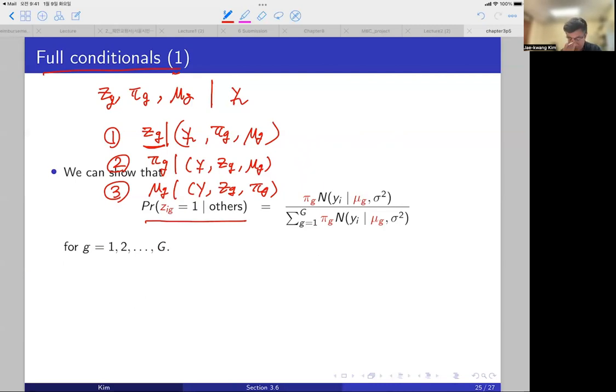So then this is basically proportional to the marginal distribution times the conditional of the data given z equal to 1. Oops, sorry, I think it's just this one.